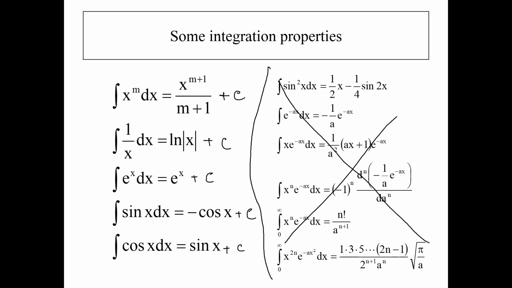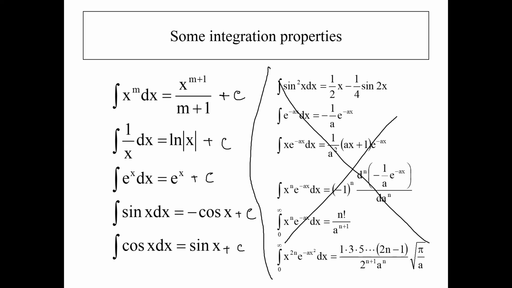Now, some integration properties. It is the opposite of differentiation. If you integrate x to the power of m dx, you get x to the power of m plus 1, divided by m plus 1. Because we don't have the upper and lower limit, we have to add the constant c.